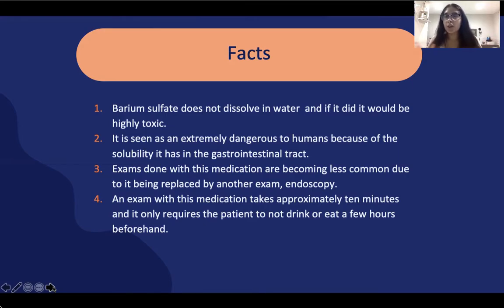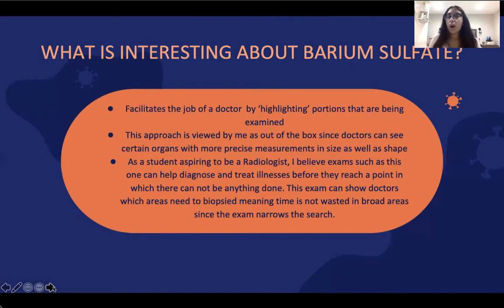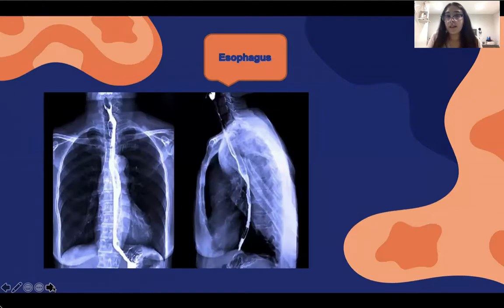Next, I would like to answer the question of why I find this medication interesting. Of course, I find it interesting because it facilitates the job of a doctor, since it highlights the portions that are being examined. By highlighting, I mean that I think of this approach as out of the box, because you are technically highlighting your organs in order to see them clearly. Here I have an example of an X-ray done with this medication, and you're examining the esophagus.